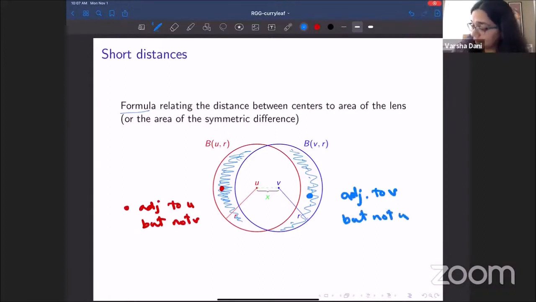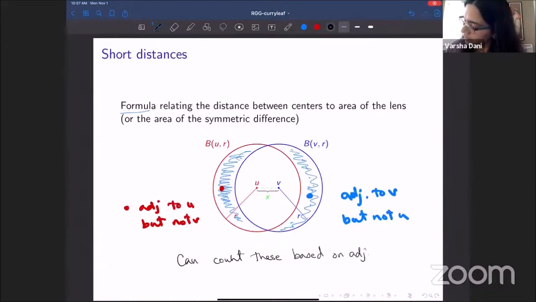And again, you can count how many such things there are just based on the adjacency matrix. Okay, and once you've done that, you can apply the inverse formula to it, and you can get an estimate of this distance.